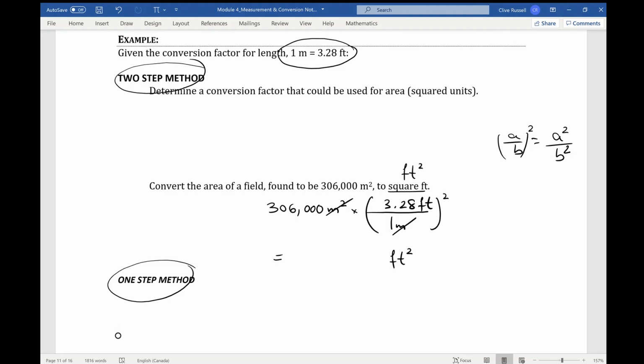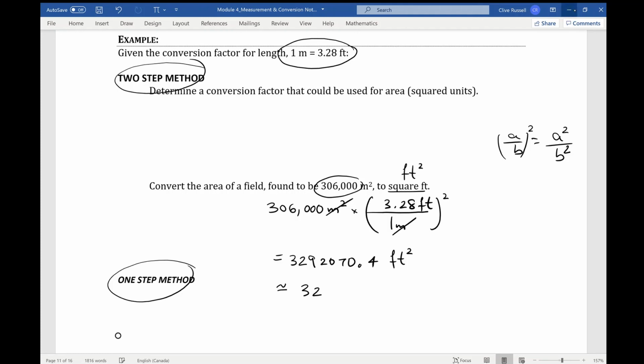Now, if you put that in your calculator, you're going to get 3,292,070.4. Now we clearly have to round. The original measurement has 3 significant digits, so this now has to be rounded to 3 significant digits.